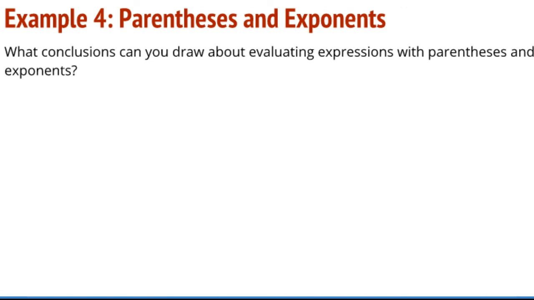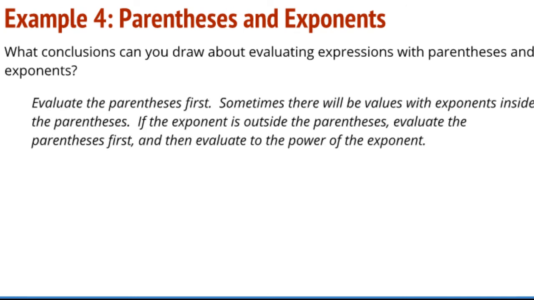So what are some conclusions you can draw about evaluating expressions with parentheses and exponents? We have to do what's in the parentheses first. Sometimes there's going to be values with exponents inside the parentheses. If the exponent is outside of the parentheses, do everything inside the parentheses first, and then deal with the exponent. So follow the order of operations.